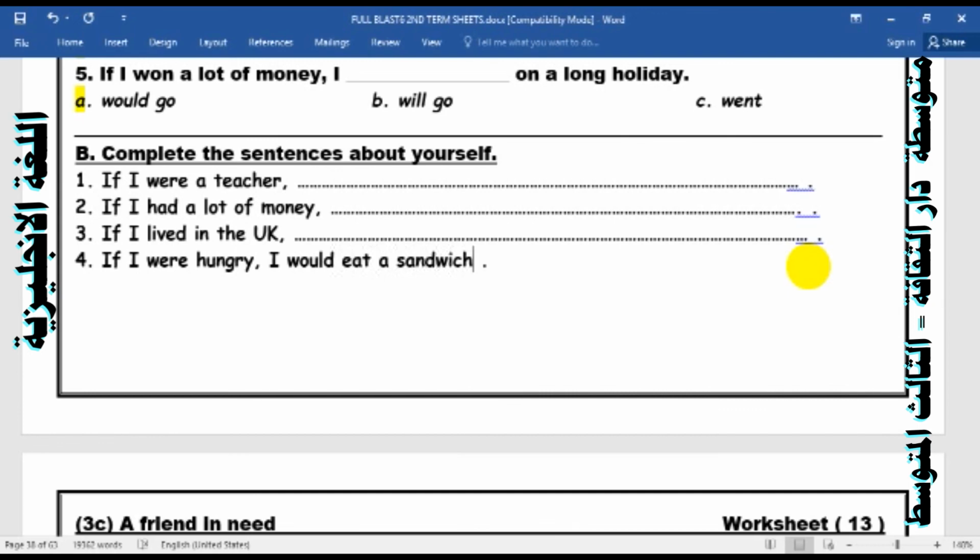Excellent. If I were hungry, I would eat a sandwich. And so, try to answer number 1, number 2, number 3. Let's move to the worksheet.